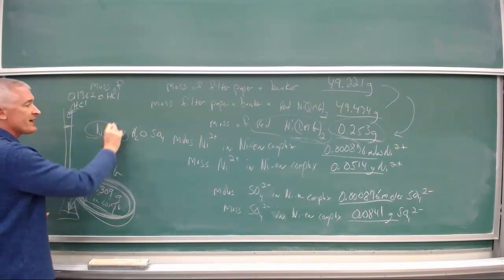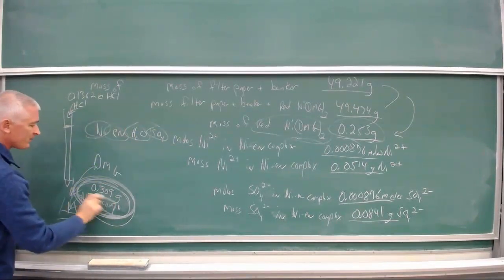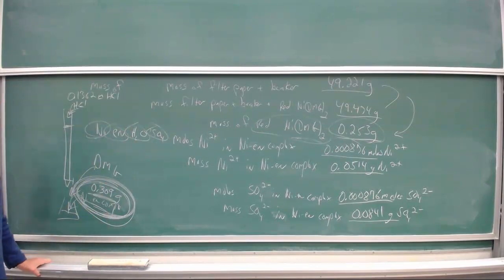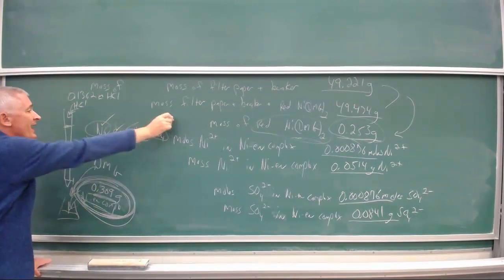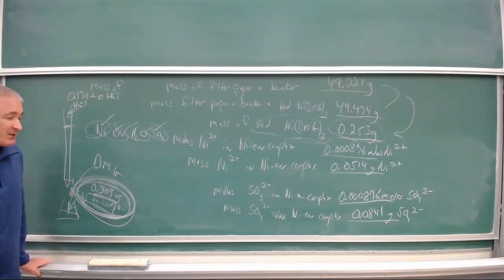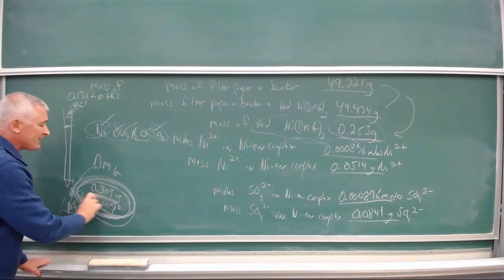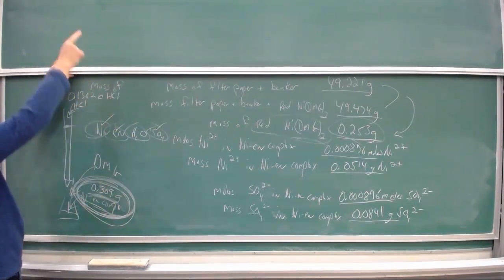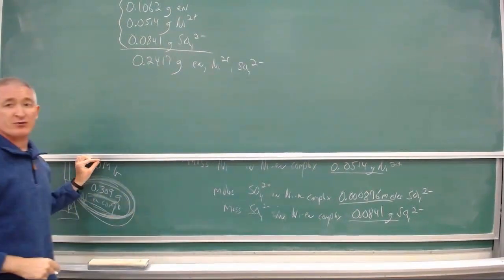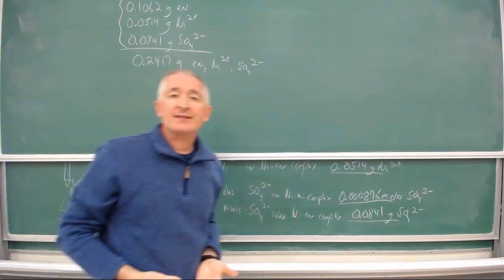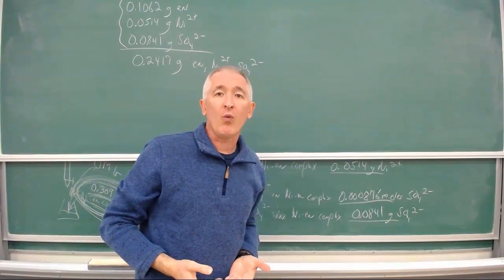All of those things were in this 0.309 grams of nickel ethylene diamine complex. I know how much that adds up to, right? So if 0.2417 of my 0.309 grams is those three, then how do I get the last portion, the water?